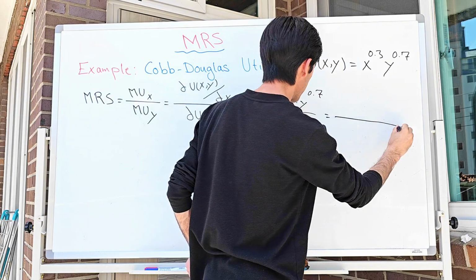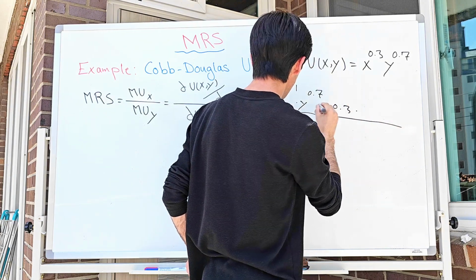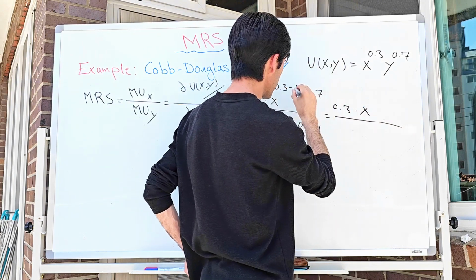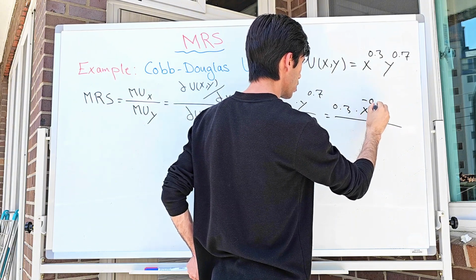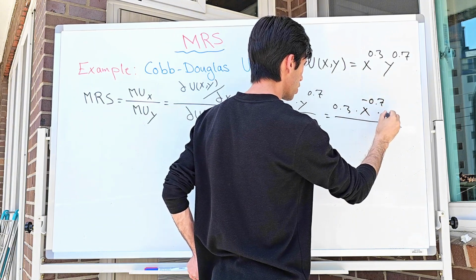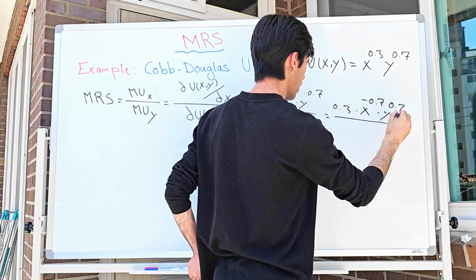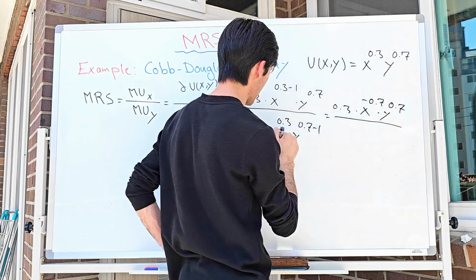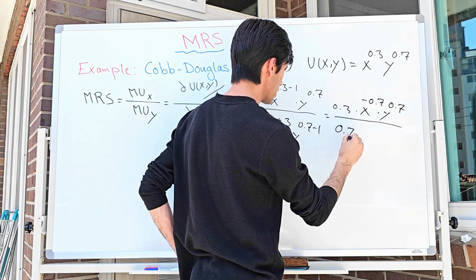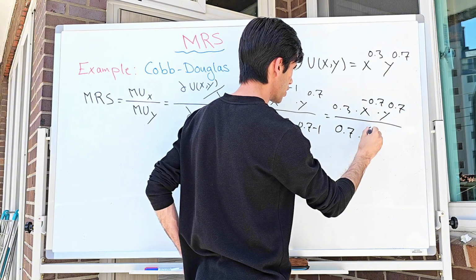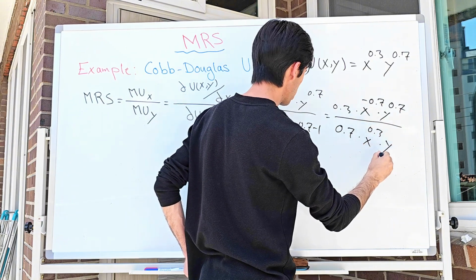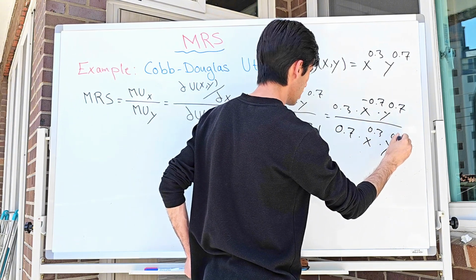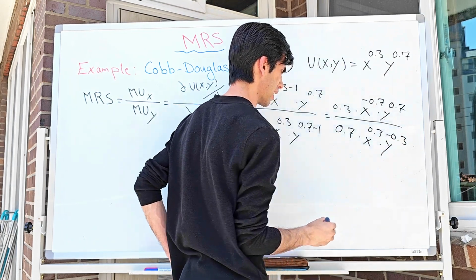So now we have 0.3, then x to the power of 0.3 minus 1, which gives x to the power of minus 0.7, and y to the power of 0.7. And here we have 0.7, x to the power of 0.3, y to the power of minus 0.3.